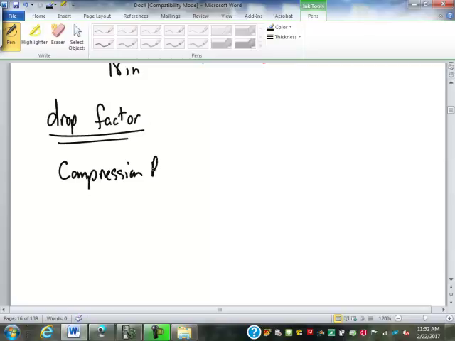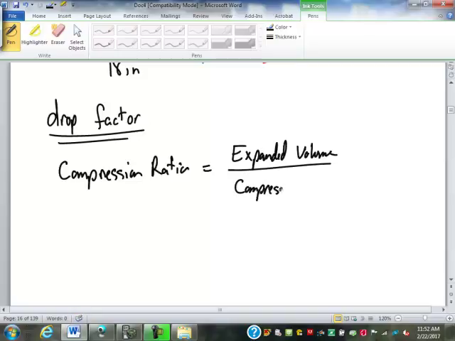In a compression ratio, it's your expanded volume compared to your compressed volume. So let's say your expanded volume is 510 cubic centimeters, and your compressed volume is 60 cubic centimeters.